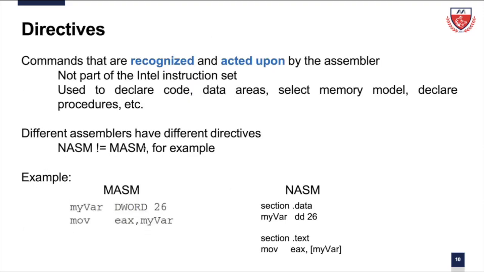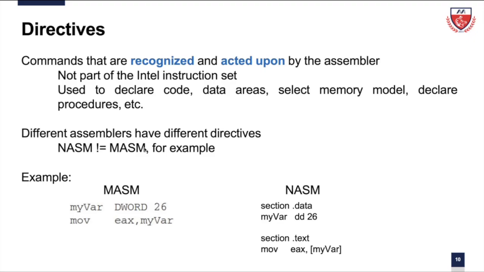So, what are NASM and MASM, by the way? Once again, NASM is the Netwide Assembler. It's actually more popular in Linux development and some open source projects. MASM, which is the Microsoft Macro Assembler, is more popular in Windows-specific enterprise and legacy code environments.